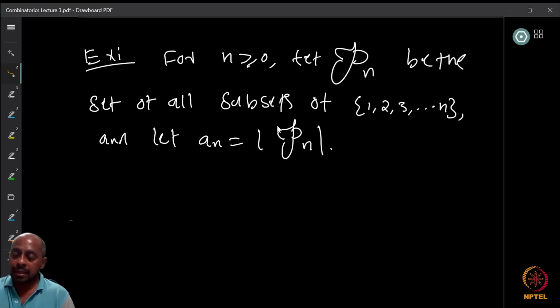Basically, you are looking at the power sets of the sets that we are talking about, the set of all subsets of {1, ..., n}. And we want to find out what the cardinalities are. We already know how to do it using the product rule we did a long time back. But now we want to try to solve it using a recursive formula. So we will come up with a recursive formula and try to solve it and get an answer.